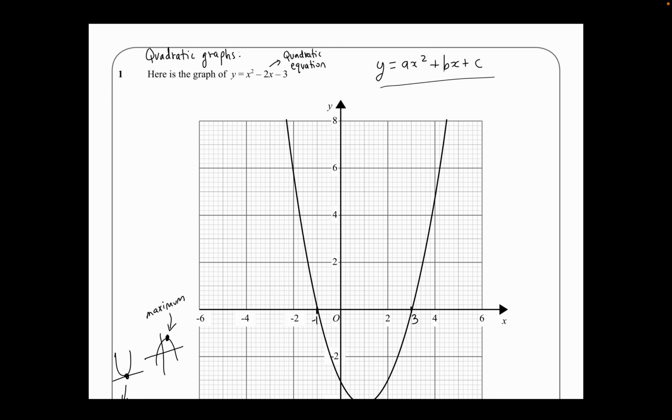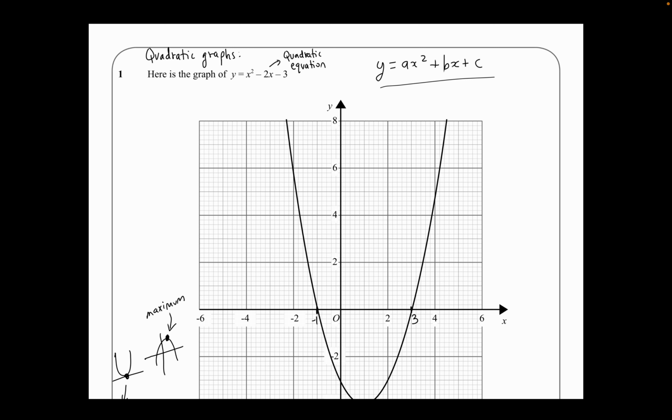The other most important thing about quadratic graphs that you have to remember is turning points. A turning point is a point at which the graph turns around. You can make out from the graph itself where the graph is turning around. That is going to be your turning point, okay?